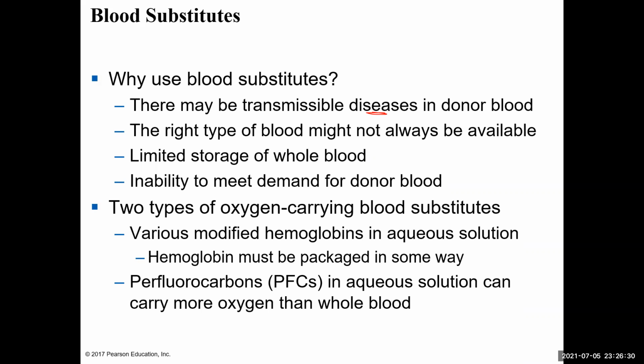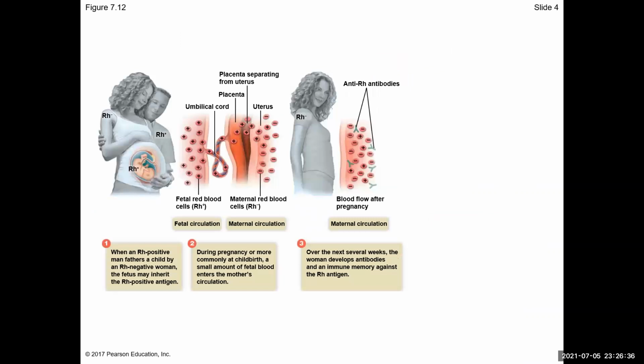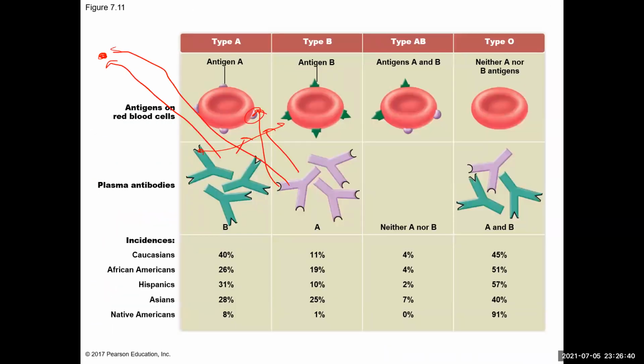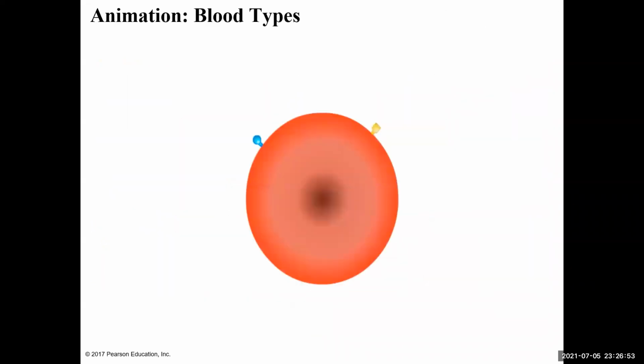The type of blood that you need may not always be available. So for example, if we look at this chart again, you see that AB is pretty rare compared to A, right? And so if you are a person with AB, you may not have AB donor blood available.